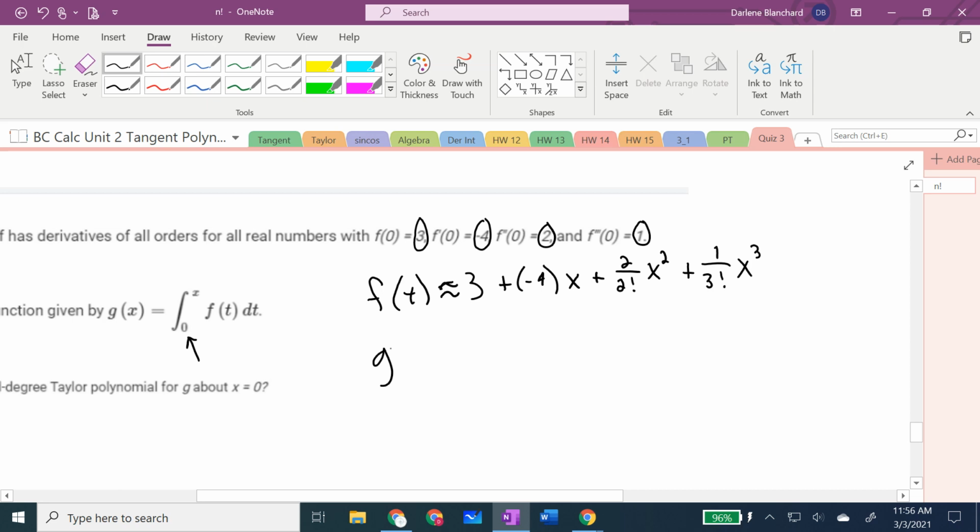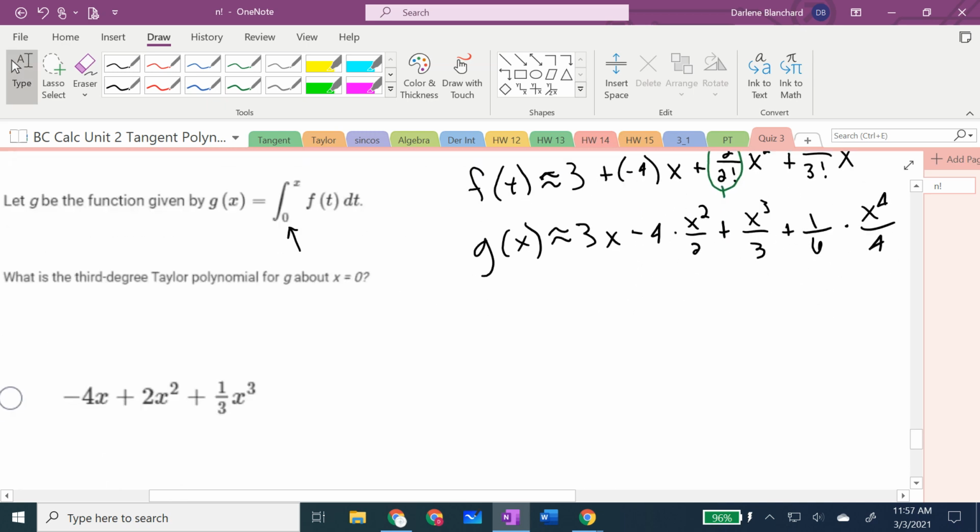And so that means that g of x, if I flat out integrate, is 3x minus 4 times x squared over 2. And that's just a 1. So I'm only needing to integrate x squared. 3 factorial is 6, and then integrating x cubed.